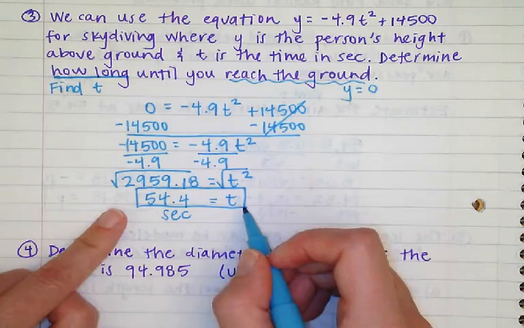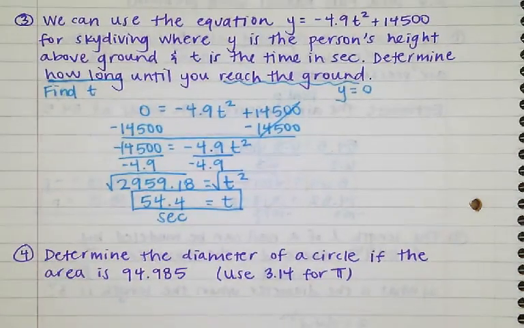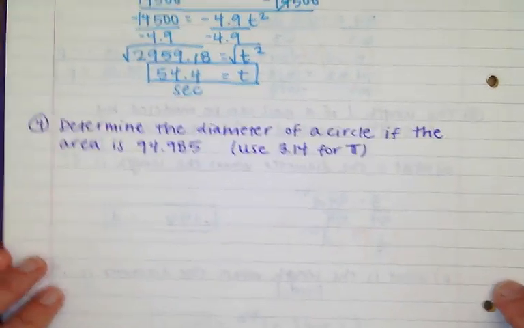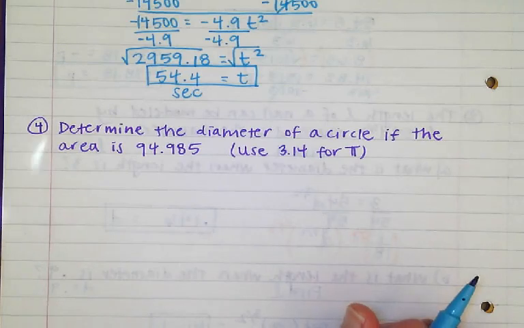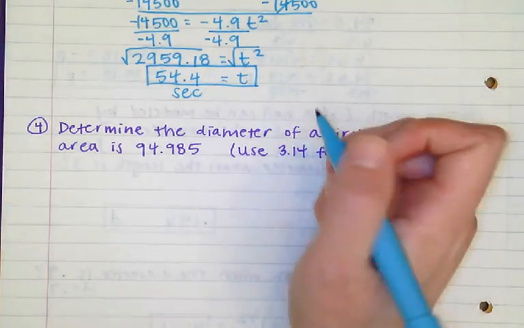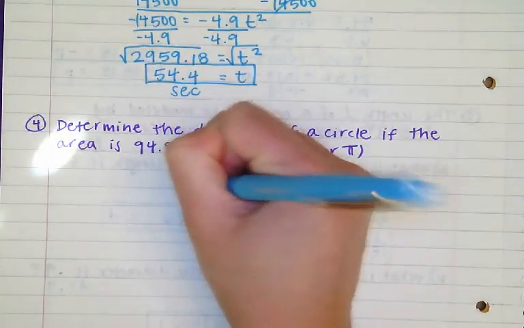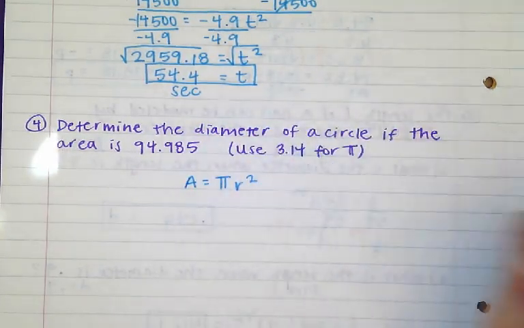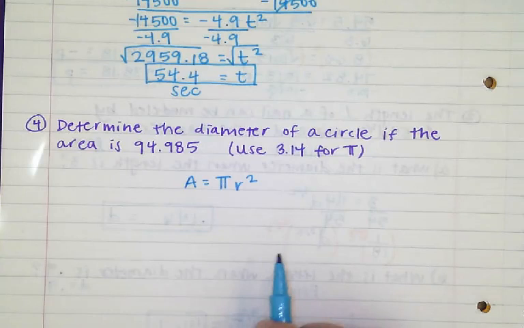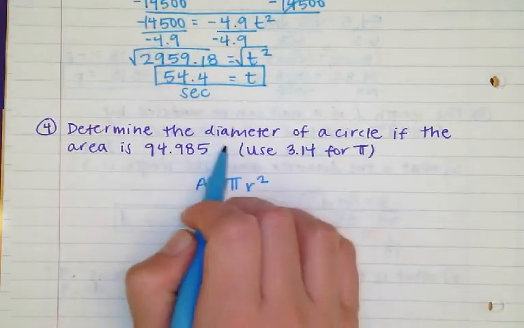All right, so the final one is going to remind you of your days back in geometry. It says, determine the diameter of a circle if the area is 94.985. Okay, so that's going to make us recall the formula for the area of a circle, which is pi r squared. And the equation says determine the diameter.